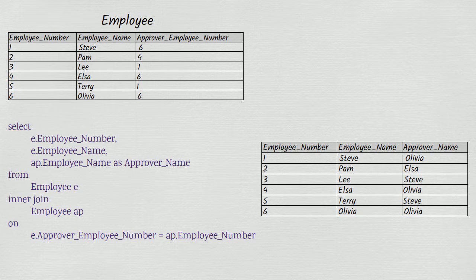We give the first copy a nickname of E, and we give the second copy a nickname of AP. For each row in E, we want to find the row in AP whose employee number matches the E row's approver employee number. And this is why the join condition is E.approver_employee_number equals AP.employee_number.